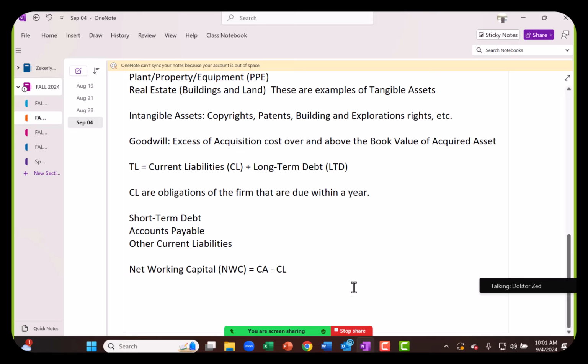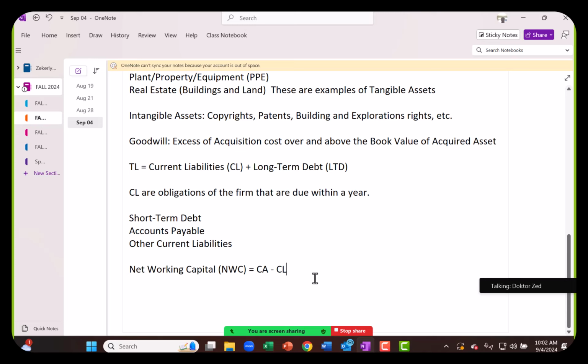So if I'm a short-term creditor to this firm, I'm interested in that. We'll talk more about that in chapter 3 when we're talking about financial ratios. But this doesn't mean as much as it used to mean in the 70s and 80s.